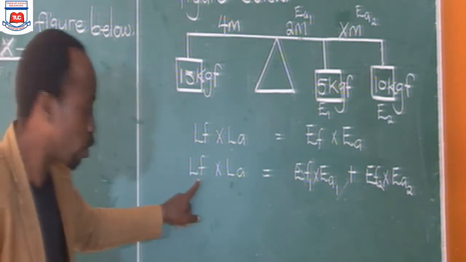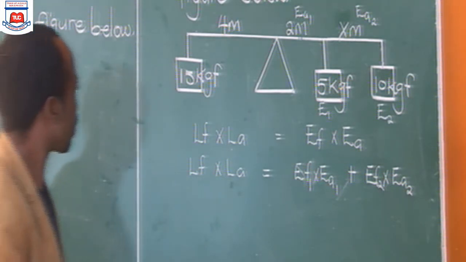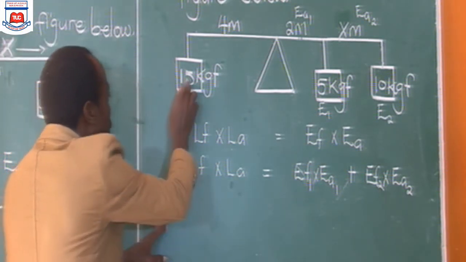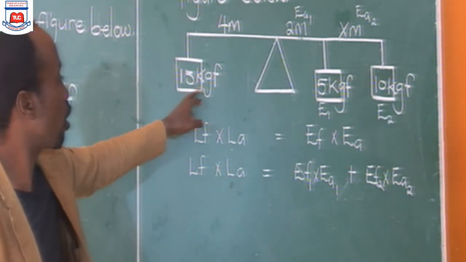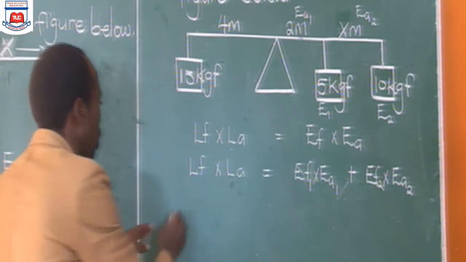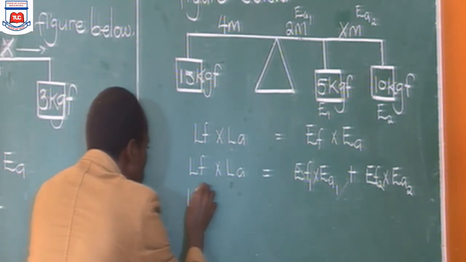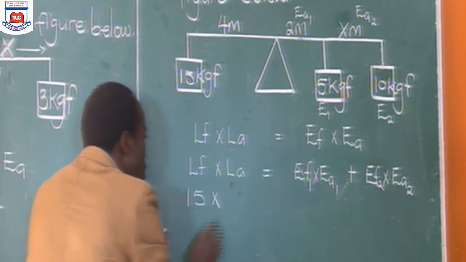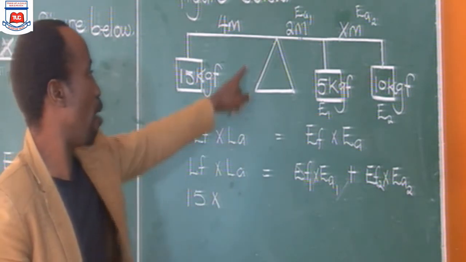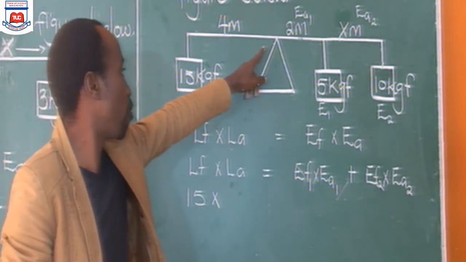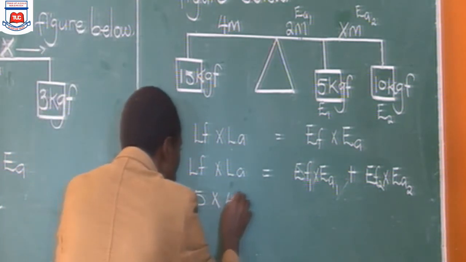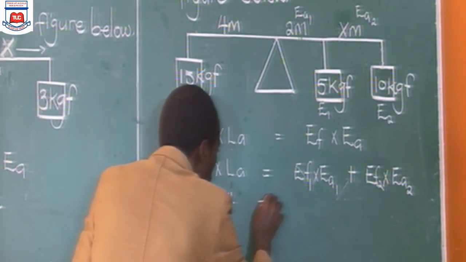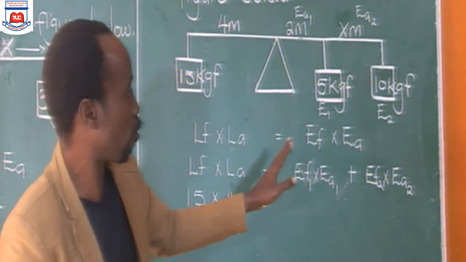Let's first substitute now. Our next step is to substitute. The load this side is 15 kilogram force. 15 multiplied by the load arm, distance from the pivot, very simple. That is 4 meters. Is equivalent to, now here you have to be careful.